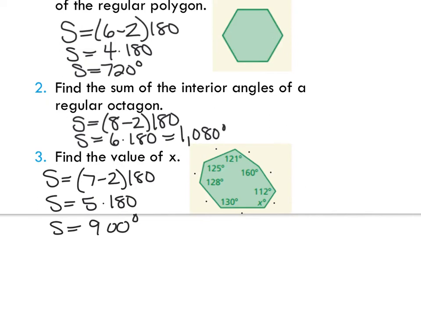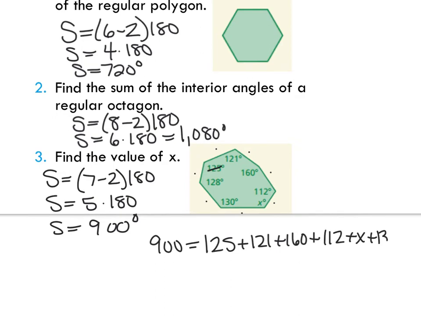So I'm going to set up an equation. I'll go 900 equals the sum of all the interiors. So I have an angle of 125, and maybe I'll cross it off so that I know that I'm done with that one, or make a mark next to it so that I know that I started there. And then 121 plus 160 plus 112 plus x plus 130 plus 128.